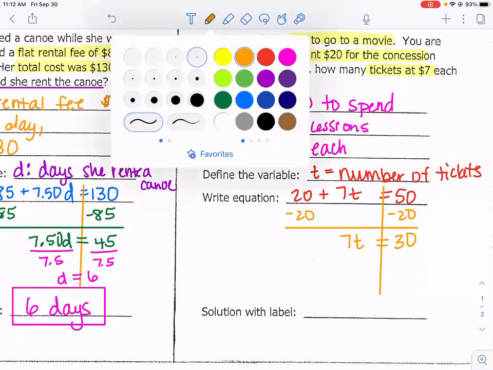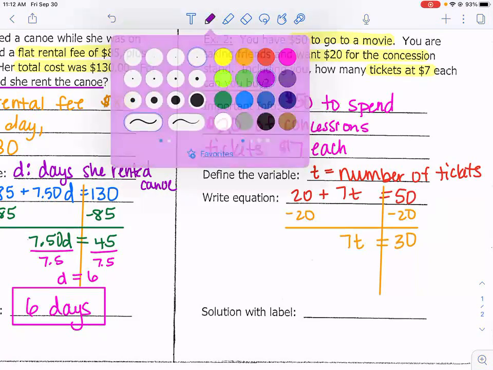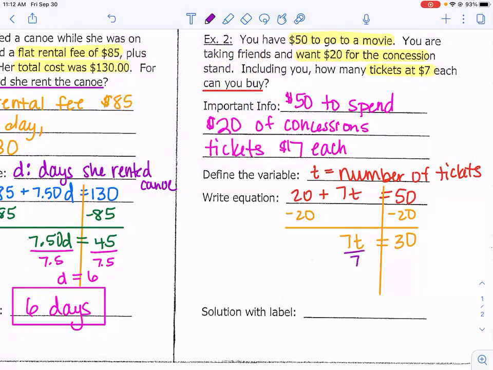Okay, and so then you're a little worried because when we divide both sides by 7, we get 4.3. Okay, now that concerns me. Well, I can't buy 4.3 tickets, can I? No, you can buy 4.